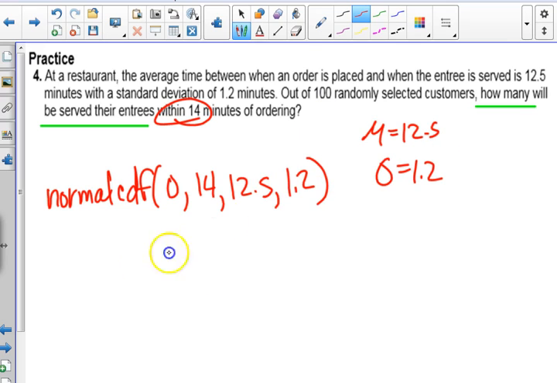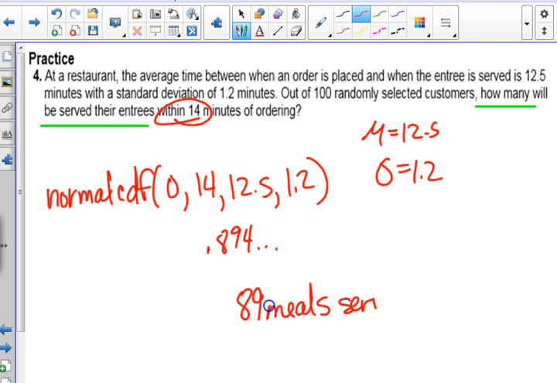And then it said out of 100, so when we get an answer, we're going to multiply that by 100. 0.894 and so on, times 100 is going to be 89.4, or roughly 89 meals served under 14 minutes or within 14 minutes, right?